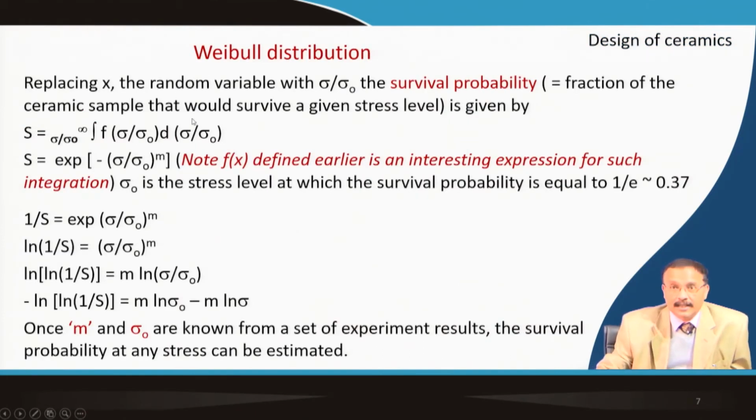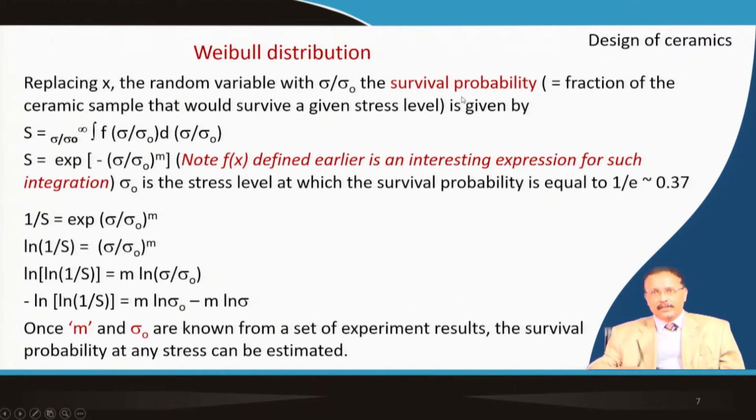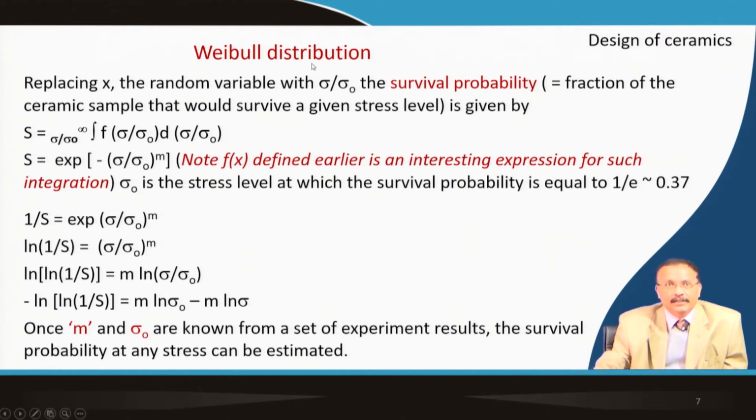Now, as I said, the random variable, if you replace with sigma by sigma 0, then the survival probability, that is defined by the fraction of the ceramic sample that would survive a given stress level, is given by this relation. So, we integrate from this stress level to infinity the function of x, and x is replaced by sigma by sigma 0, dx.